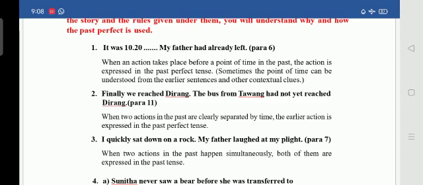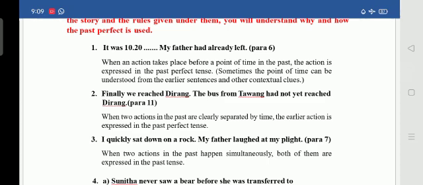So what they are saying is, sometimes not only by the time, but also by using the other contextual clues and earlier sentences, we can understand the time. So here they have used the past perfect because it is explaining the particular time, isn't it?